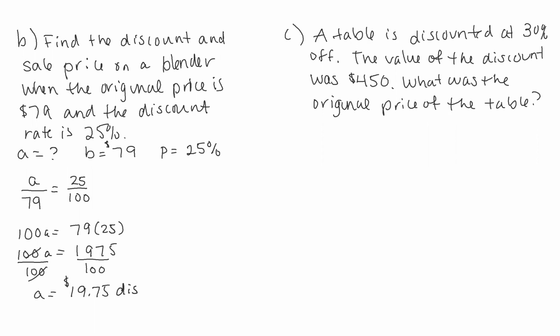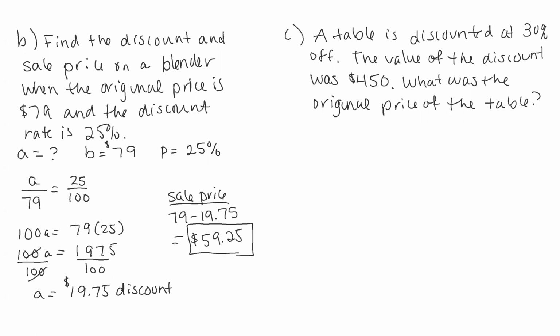So this represents the discount. This blender that originally cost $79 is going to be reduced by $19.75. So the sale price is going to be 79 minus $19.75, or what we'll end up getting after we subtract is $59.25. So there you have it.